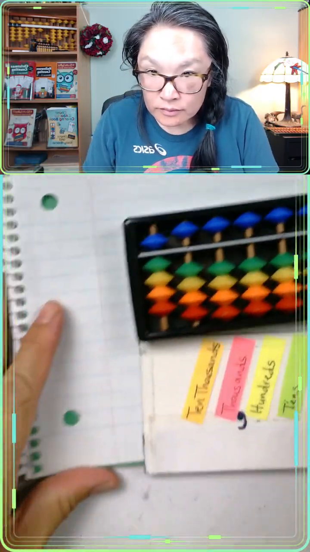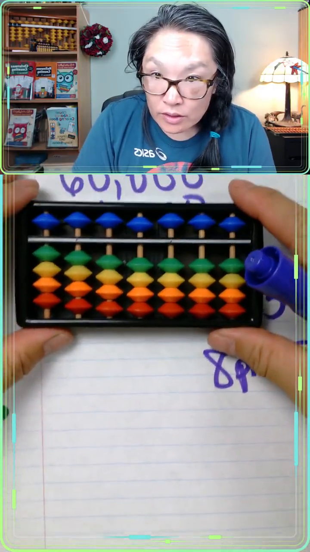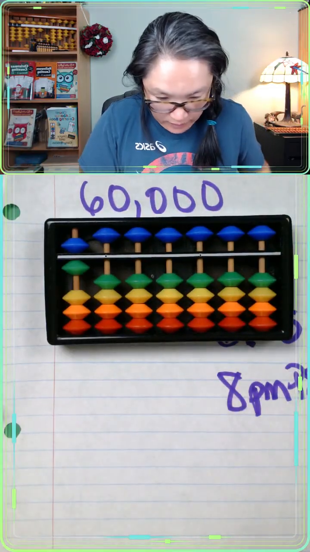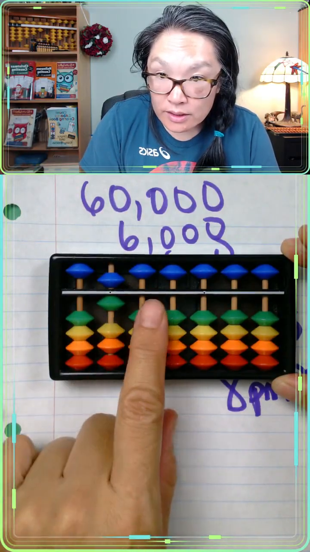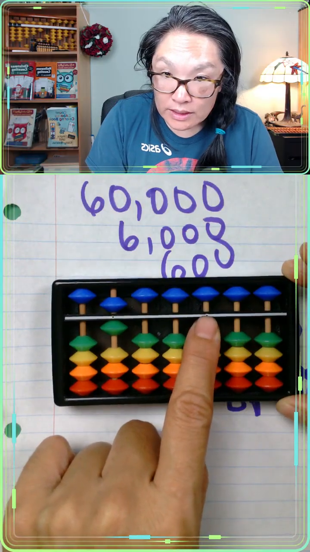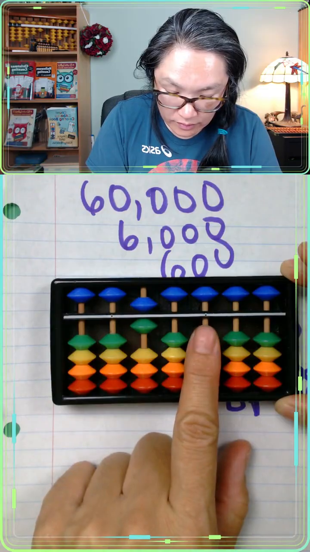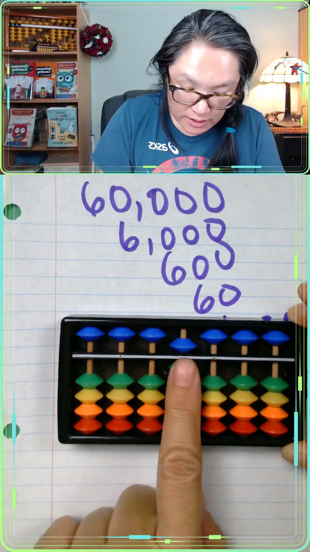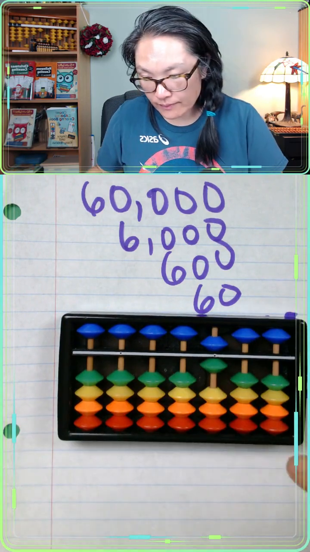So when we write it, we can go back to this. So 60,000, that's what it looks like. And then we have 6,000, 600, looks like that, 60, looks like that, a 6 and a 0. And then that's what 6 looks like.